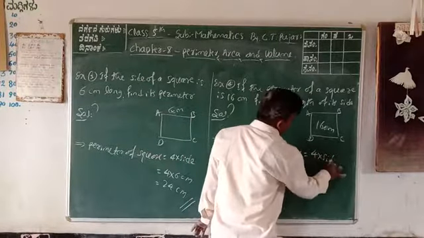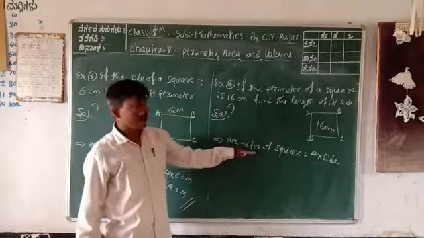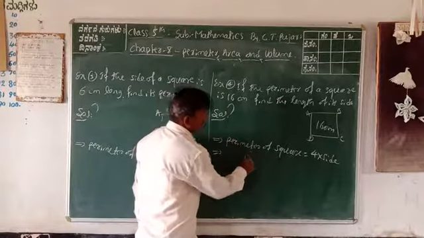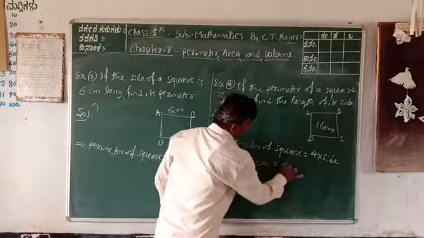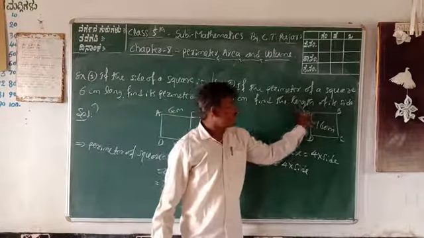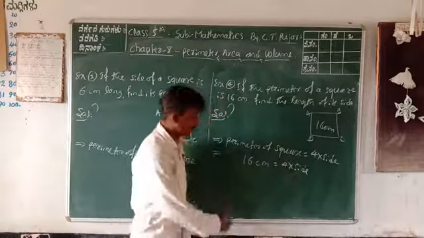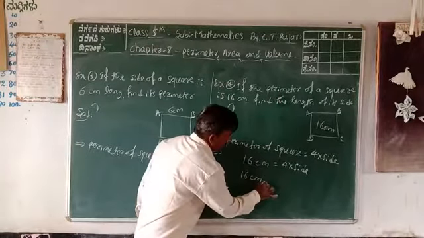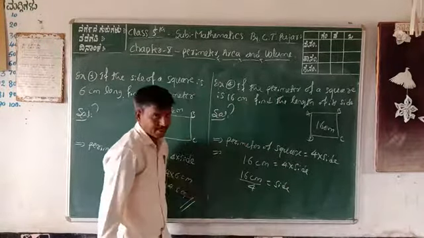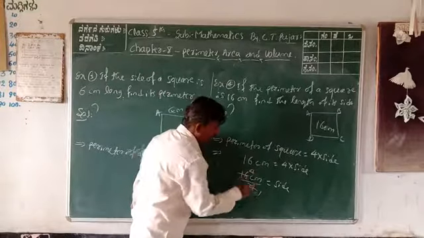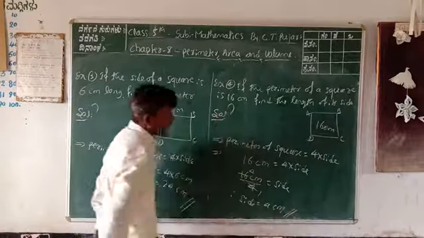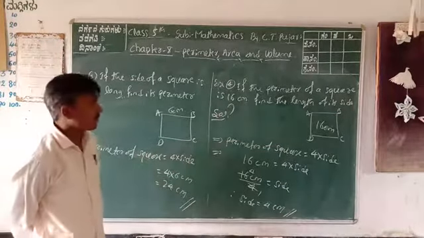In this formula, put the given condition. Perimeter is given, 16 centimeter is equal to 4 into side. Therefore, you can find the side. Side is equal to 16 centimeter divided by 4. Take 4 in the denominator. 4 ones are 4, 4 fours are 16. Therefore, side is equal to 4 centimeter. This is over. Got it?